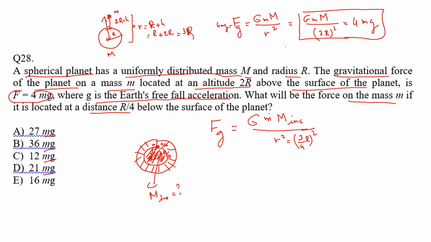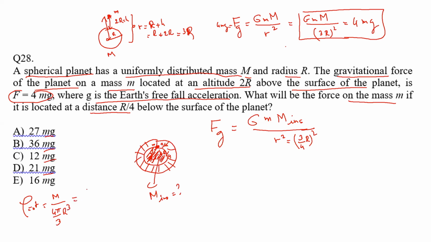Okay, so the gravitational force that I want will depend on the mass inside. Now, how will I get the mass inside? You will use the fact that the density is uniform. Density rho is constant, so it will be equal to total mass divided by total volume, 4 pi divided by 3 r cubed.